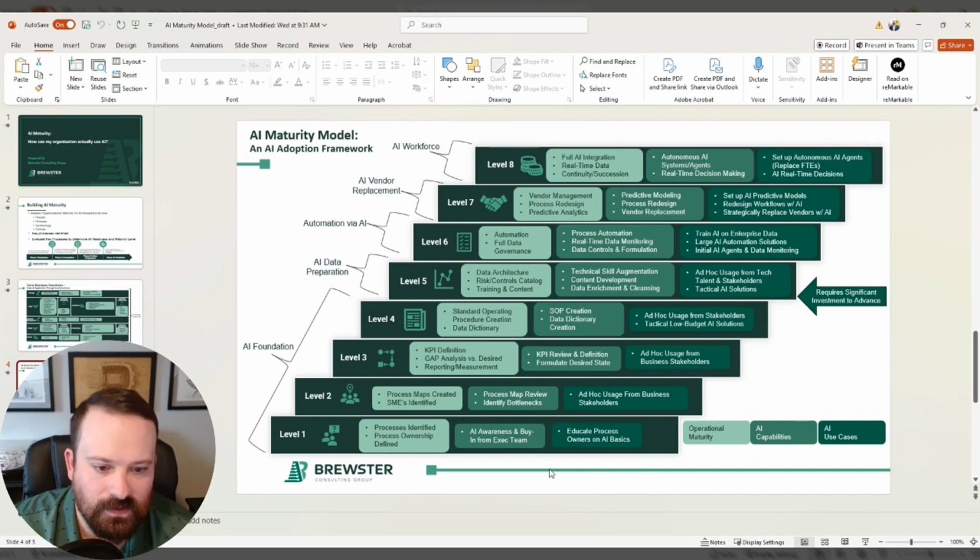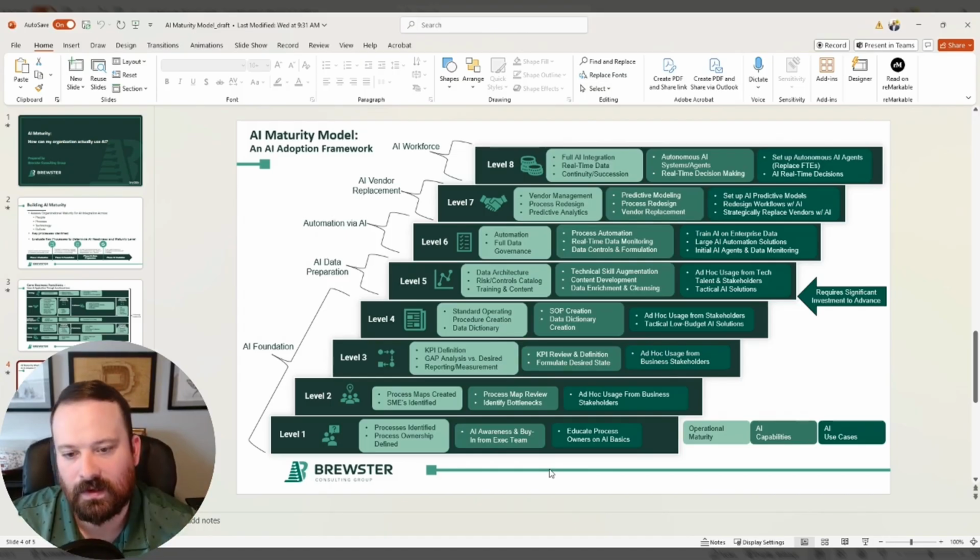There are a lot of applications of AI, but it's almost all ad hoc usage. By ad hoc usage, I mean an individual business owner, maybe the owner of the invoicing process, uses ChatGPT to examine their process map and identify bottlenecks, or maybe they use a different system to really help create the process map, right? Whatever that is, it's all ad hoc usage from the business stakeholder.